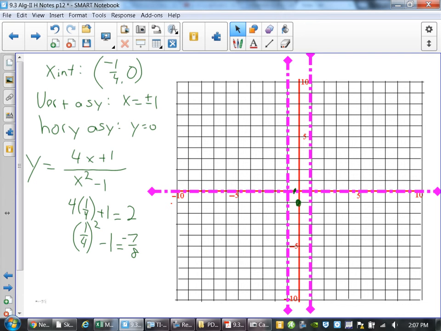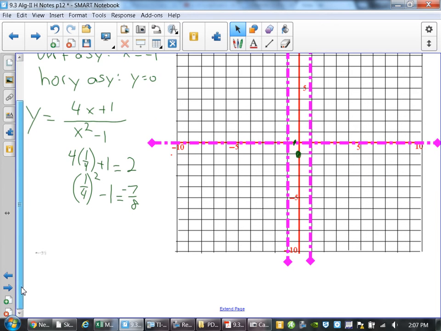If I divide that out, I get -16/7. What's 1/4 times 1/4? 1/16.